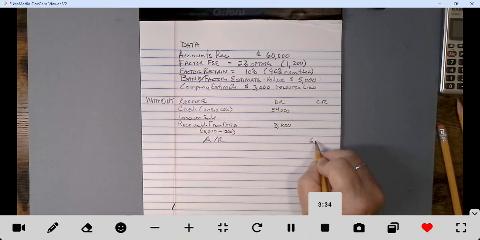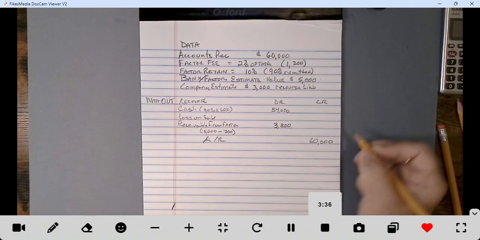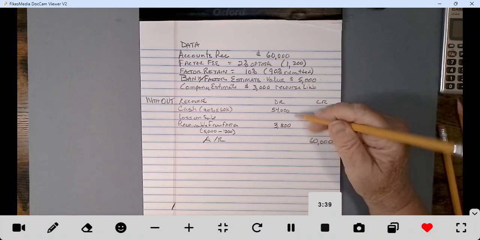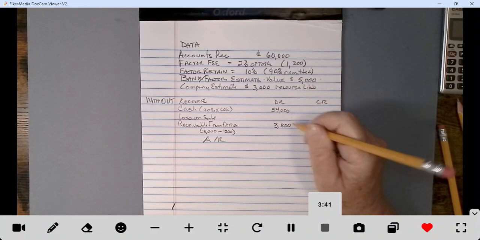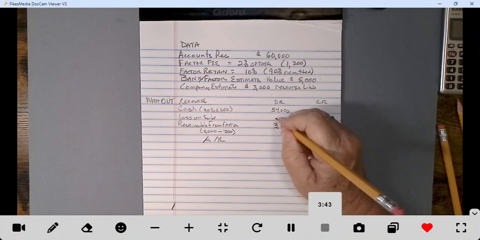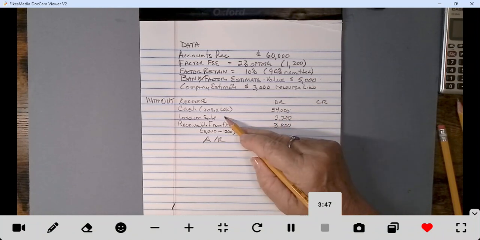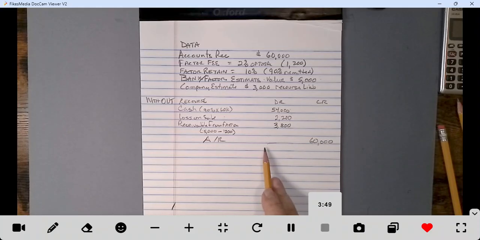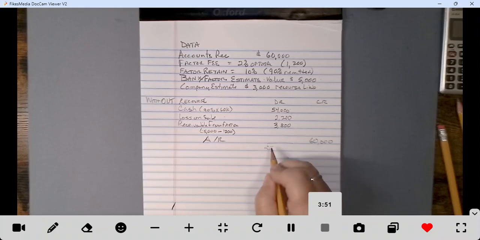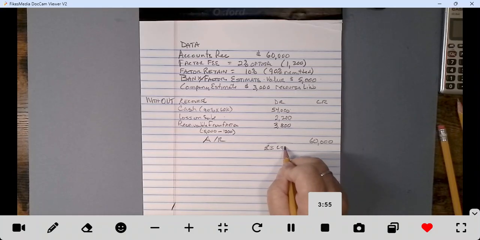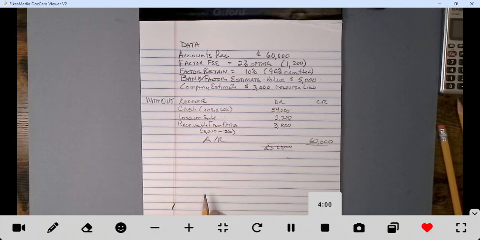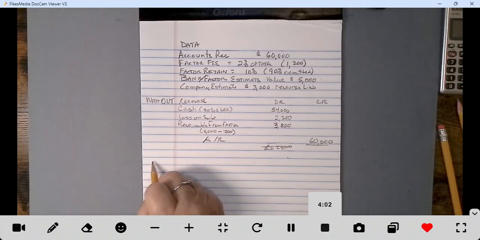I'm going to send them over my entire list of receivables to collect for me. Now, this doesn't balance yet. I still need this number here. So this minus these two equals 2,200, and that's my loss on the sale. I double check to make sure that this equals 60,000. Yep. Okay, I'm balanced.